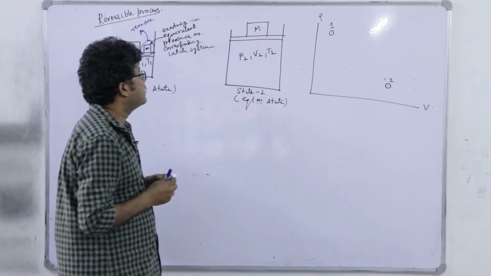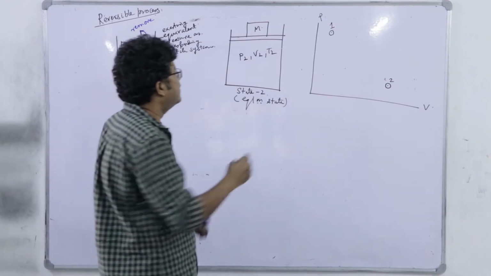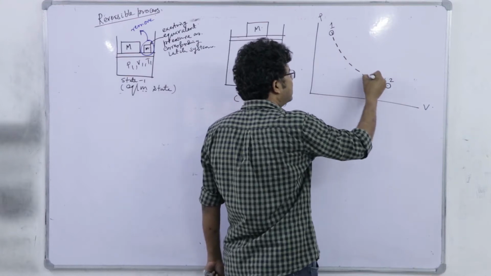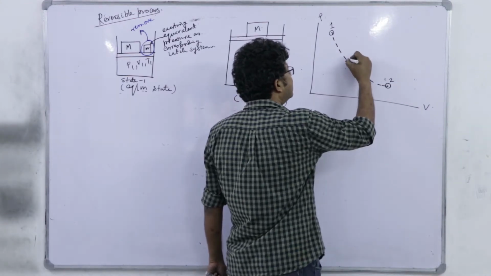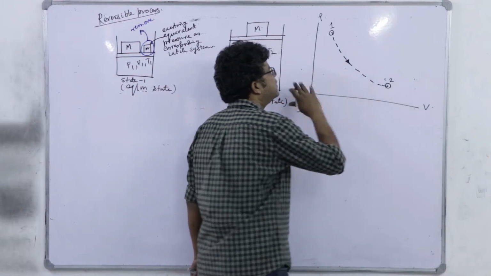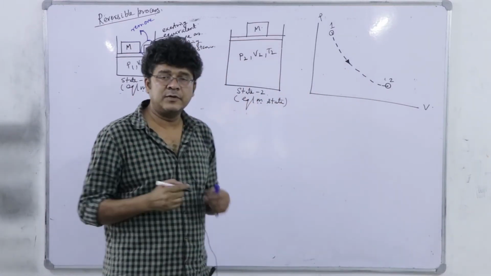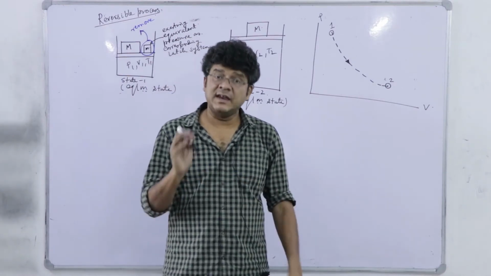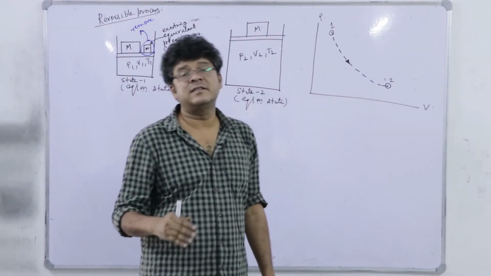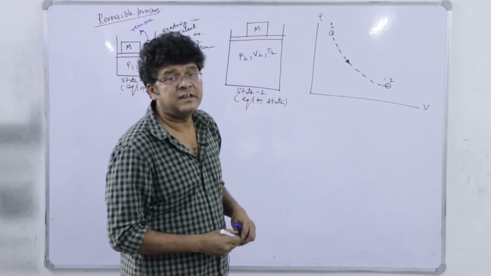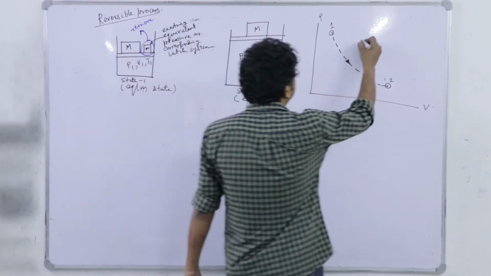Okay. So, you cannot trace the process path. What we can do is use a dotted line to represent the tentative process path. This process, where the driving force is finite, that means the system is not attaining any intermediate equilibrium, is an irreversible process.